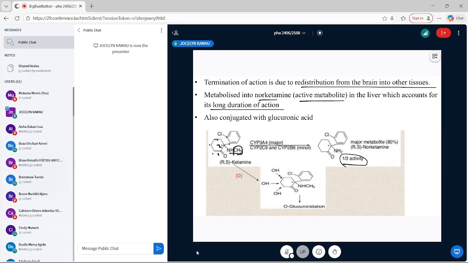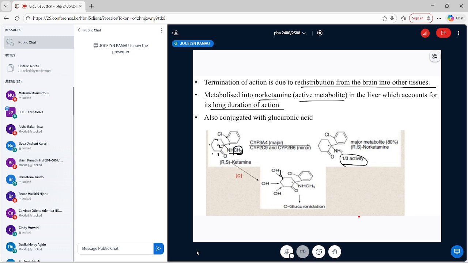Even as it is now, it does not have a functional group to allow it to undergo phase 2 metabolism, but the minute it undergoes oxidation at position 4, 5, or 6, you get a hydroxyl group, a functional group that allows hydroxyketamine to undergo glucuronic conjugation to give the O-glucuronide, readily removed from the body.